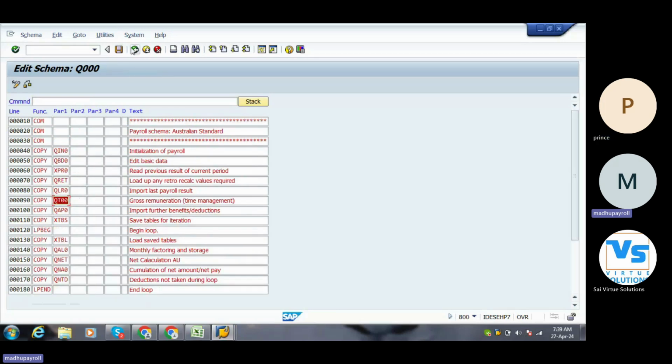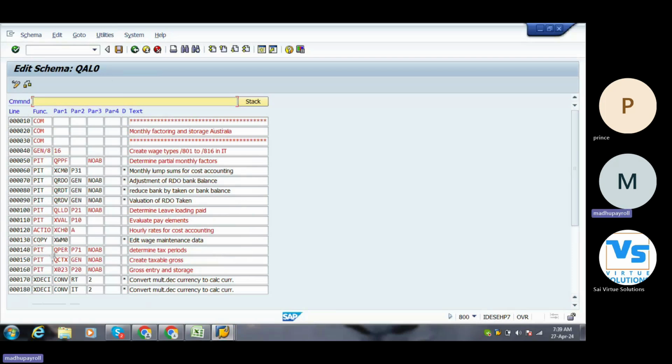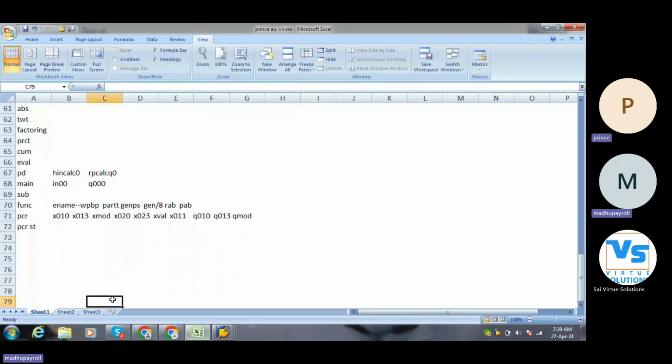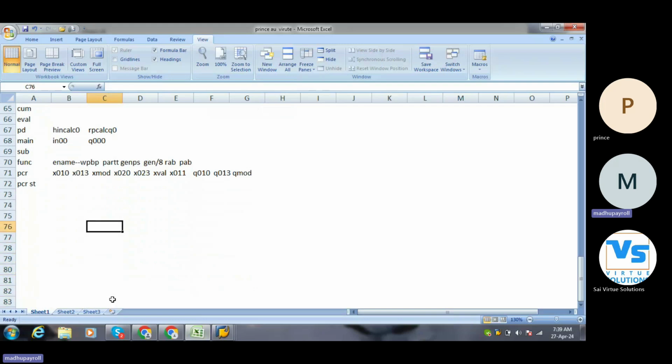Now if you go to INAL equal to QAL0, you can see XVAL here, but this is different here: QPPF. So when a person who works in Indian payroll moves to another country, there is confusion. Now in Indian payroll, INP1 PCR is there.